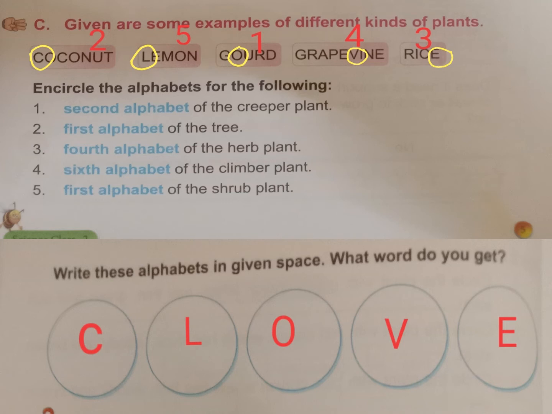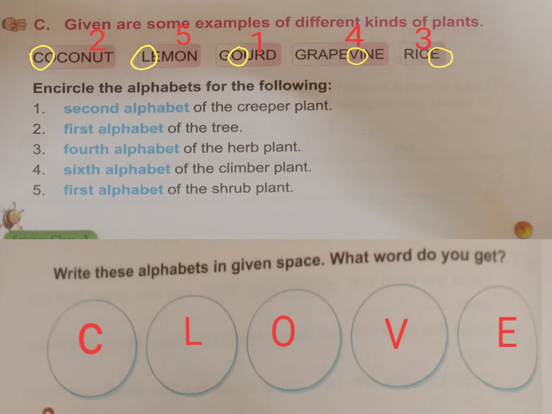Shall we read the spelling? C-O-C-O-N-U-T. Coconut. Now you want to circle the first alphabet. Which is the first alphabet in this coconut? C.